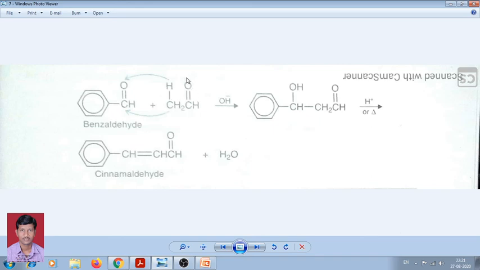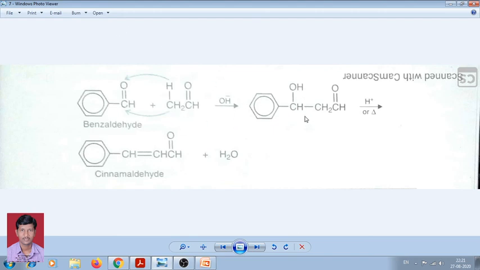Acetaldehyde has alpha hydrogen atoms: with respect to C double bond O, this is the alpha carbon, so these are alpha hydrogens. But benzaldehyde has no alpha hydrogen atom. Both aldehydes are different, so this is an example of mixed aldol condensation.